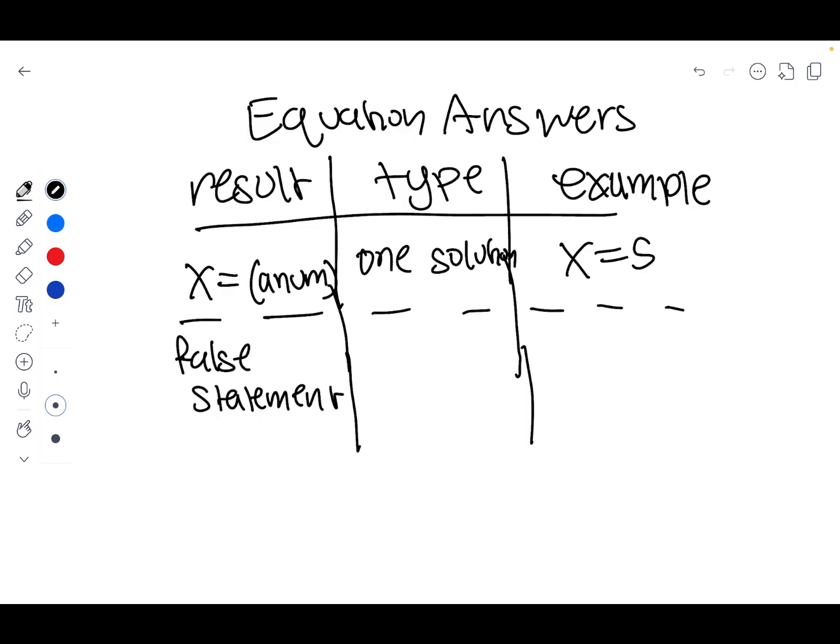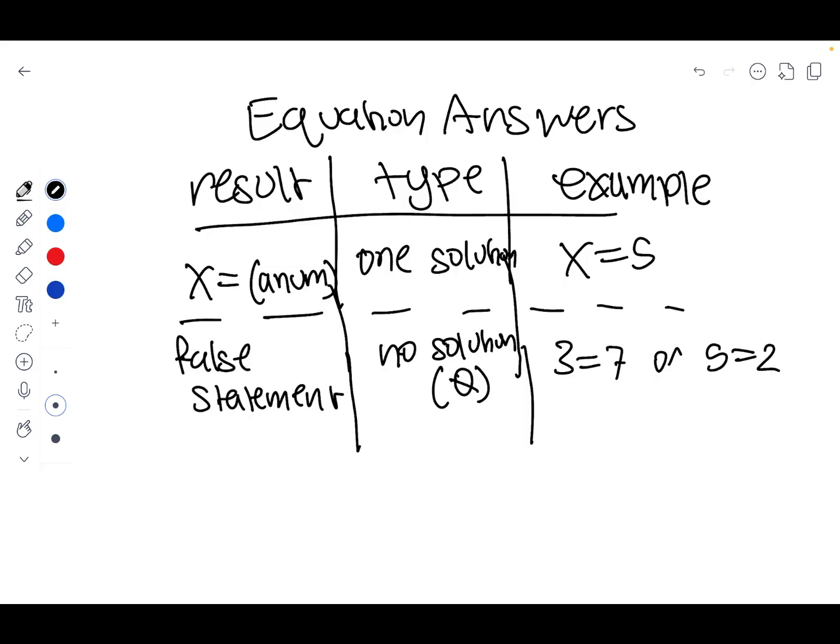This would be no solution, with an example like when you're left with 3 equals 7 or 5 equals 2.